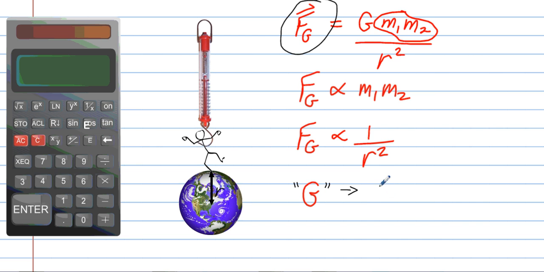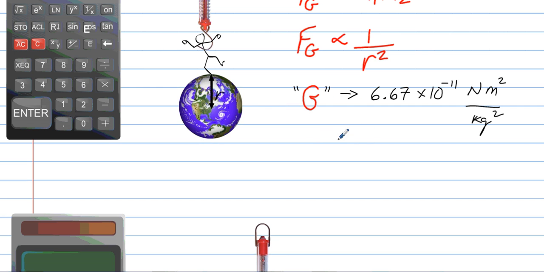The value for G to two decimal places is 6.67 times 10 to the exponent minus 11 in magnitude, units newtons times meters squared divided by kilograms squared. The value of this constant suggests that the gravitational force is extremely weak, as indicated by this 10 to the minus 11 exponent.